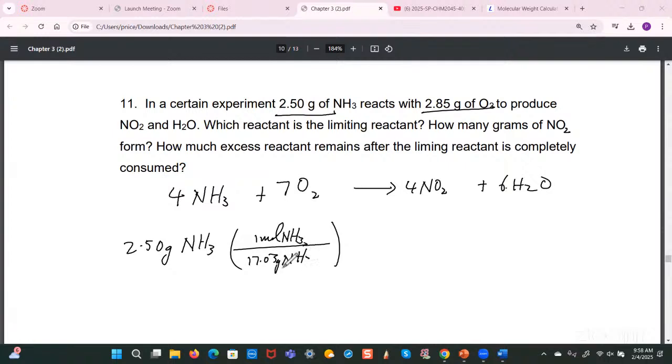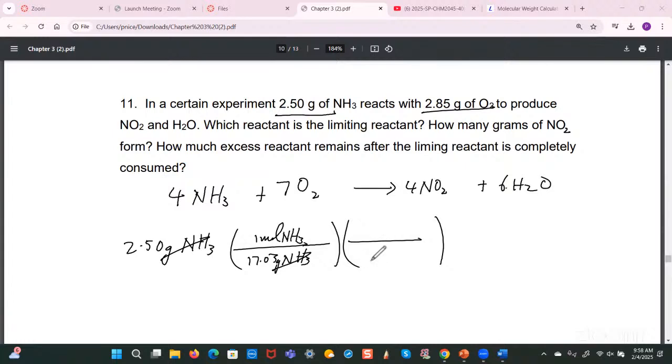Okay, very good. What next? That goes with that. Okay, so what would be the next conversion factor? You go from moles of NH3 to moles of NO2, right? Okay, so how would we represent that here?